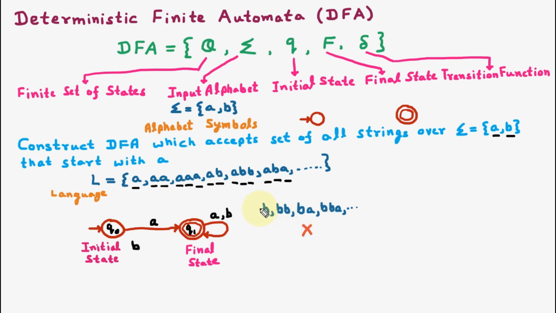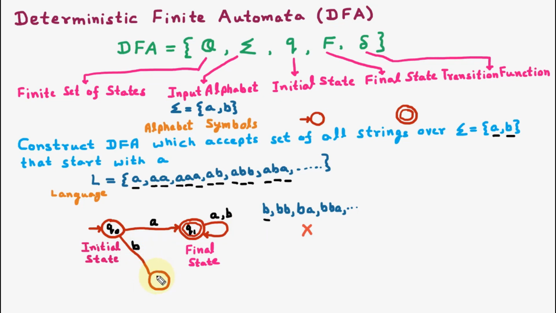For these strings, we are going to generate a dead state where the DFA will not accept these strings. Out of these strings, we pick the minimum length string, which is B. So in the initial state Q0, whenever B comes, we go to another state.